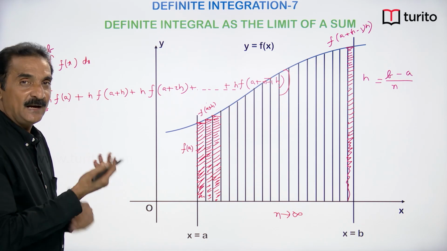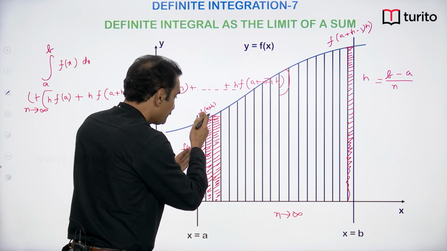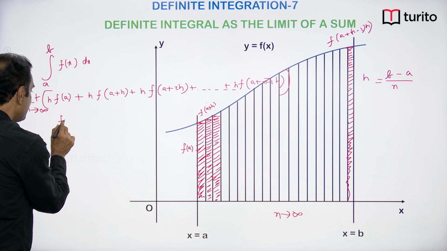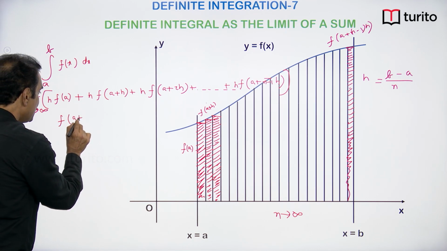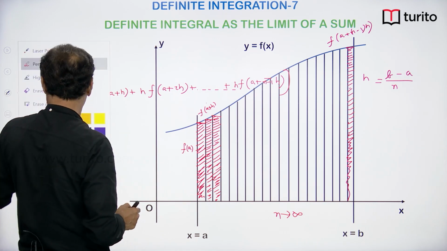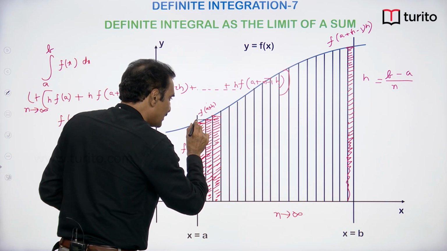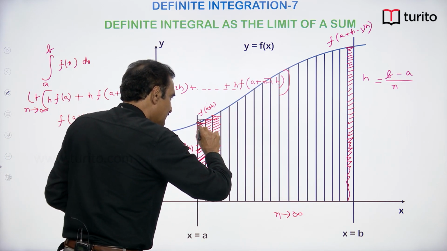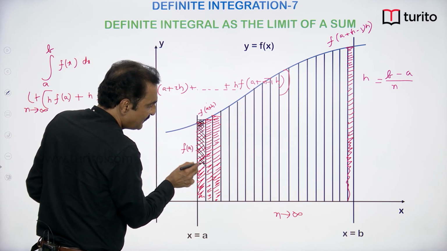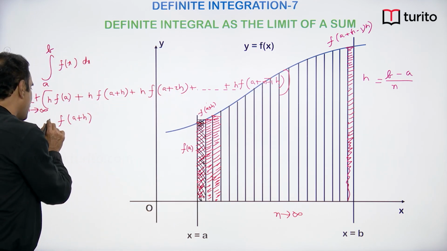Okay. And another method is, I will start from the second ordinate. If I start from the second ordinate, first I will get height f of a plus h. Then at this top point I will draw a horizontal line like this. Then the area of the first rectangle will be f of a plus h into h.